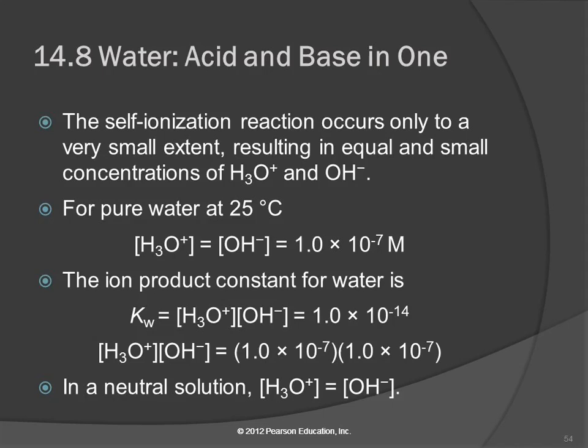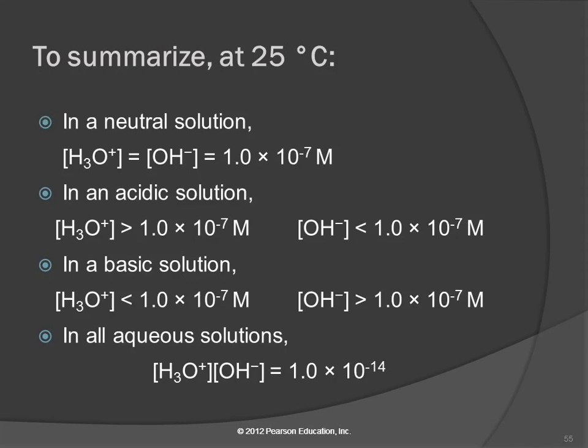So if the hydrogen ion concentration has to equal the hydroxide ion concentration, then we find that they're both 10 to the minus 7. So in a neutral solution, we have the hydronium ion and the hydroxide ion being equal, and the concentration of each of them is 10 to the minus 7. So these concentrations are equal, 10 to the minus 7.